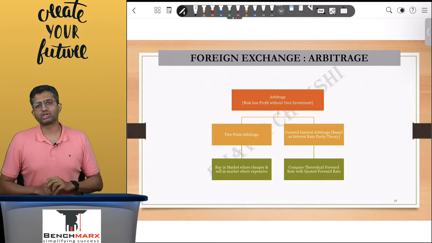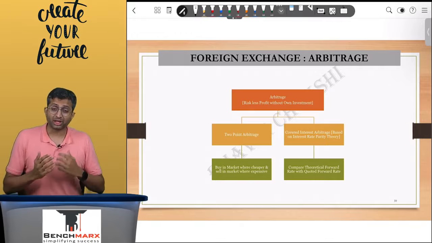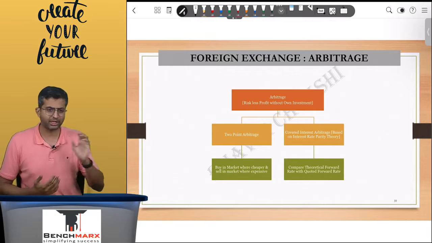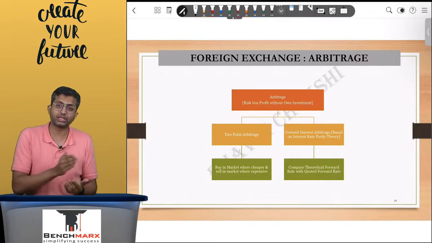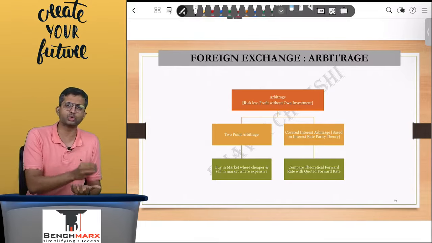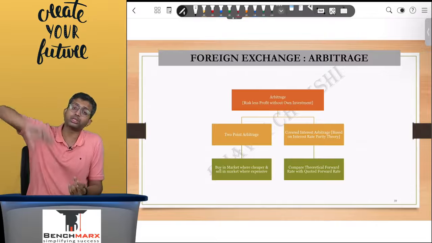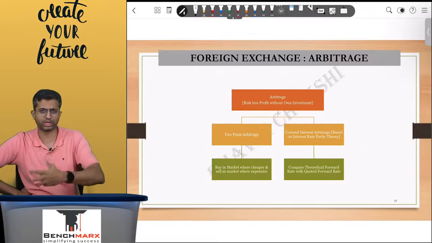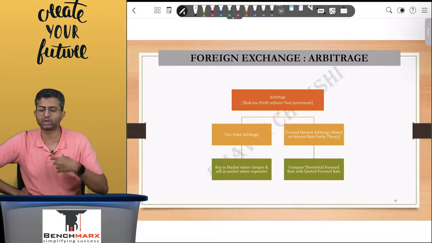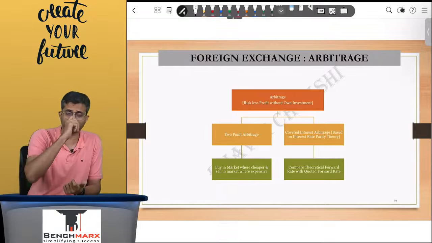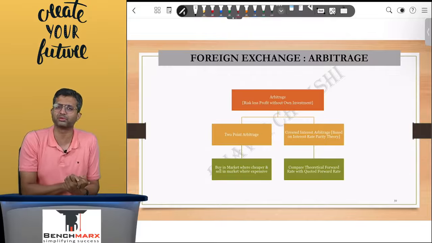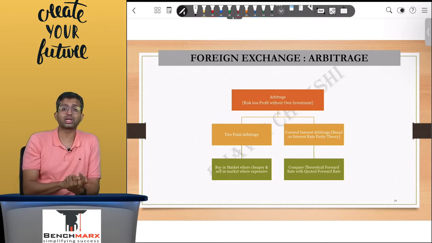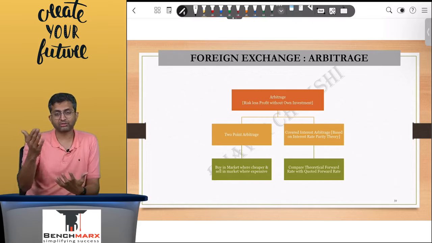A very important concept for you to know would be the covered interest arbitrage, where you try to exploit the differences between the spot and the forward price. So if let us say your spot rate is 50, the interest rate in India is 12%, interest rate in the US is 6%, but the forward rate is for example 60 rupees. I don't have the numbers handy, but hypothetically if the theoretical forward rate comes to around 52 or 53, then one can say that actually these dollars are worth 60 after 1 year.